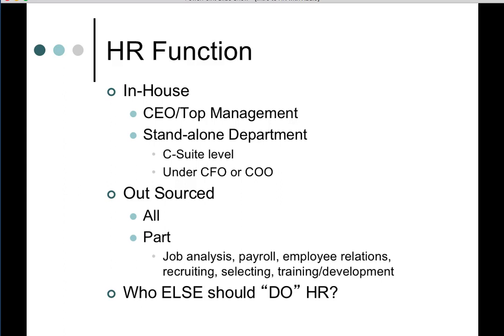If they're under the COO, the chief operating officer, they just see that as one of many resources that managers will have to manage, but at the same time, they don't put the same emphasis on how important it is to have someone representing the employees and representing the competitive advantage that employees can bring to the table, at the C-suite level. So it doesn't mean that the company treats their employees poorly. They might, but they don't necessarily have to do that if they're under the CFO or the COO.